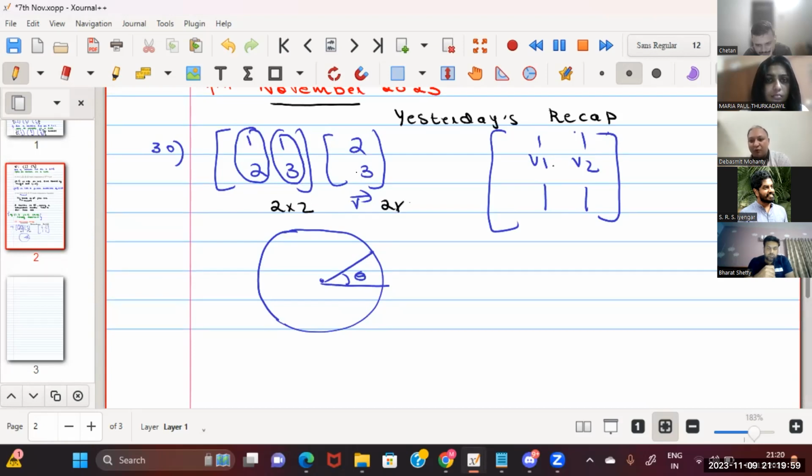Any vector, call it A or V1, whatever it is, when you apply it, the output also will be 2 cross 1. So from a compatibility standpoint, it has to be the matrix, then the input vector, then what you get is the output vector. I think that part is clear.